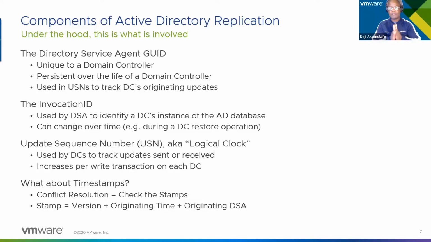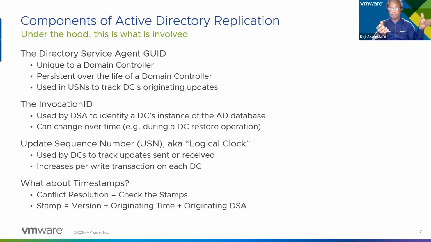We also have the update sequence number, which we call the logical clock. This is used by the domain controller to track updates that they send or receive from their partner. It increases per write for every transaction, on each domain controller that receives or sends an update. Now there is the timestamp. The timestamp is used for conflict resolution.